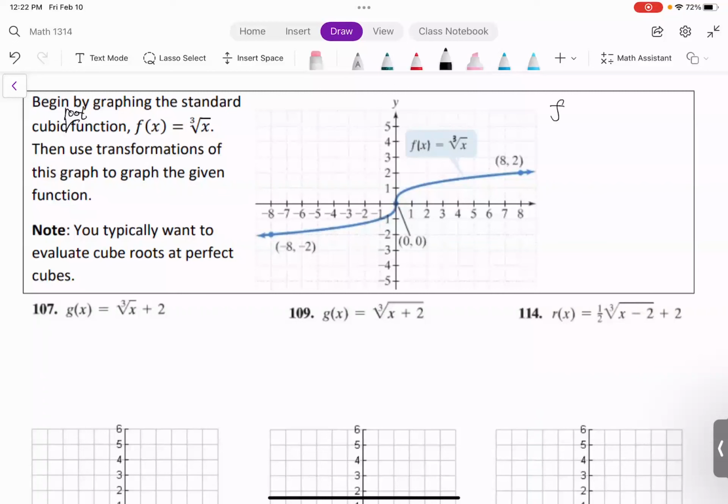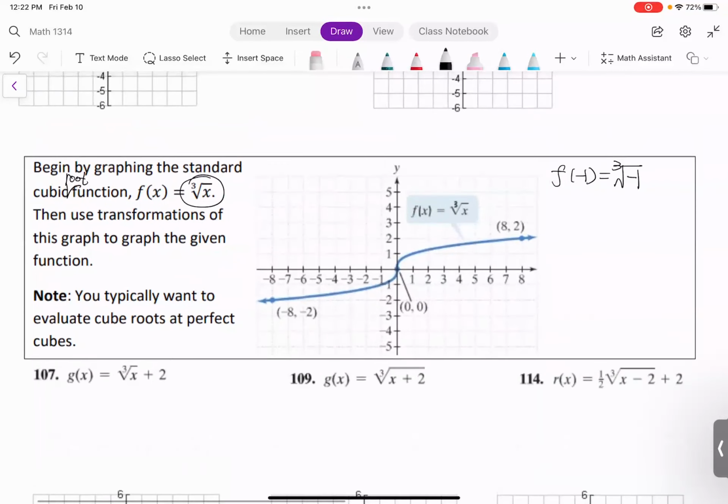Let's say, what is f of -1? Plug it into the f function. That's cube root of -1. And what is cube root of -1? Let's see this. -1 equals -1 times -1 times -1. Why do I say this? I know that -1 times -1 is +1, and +1 times -1 is -1. So look at the 3 of them.